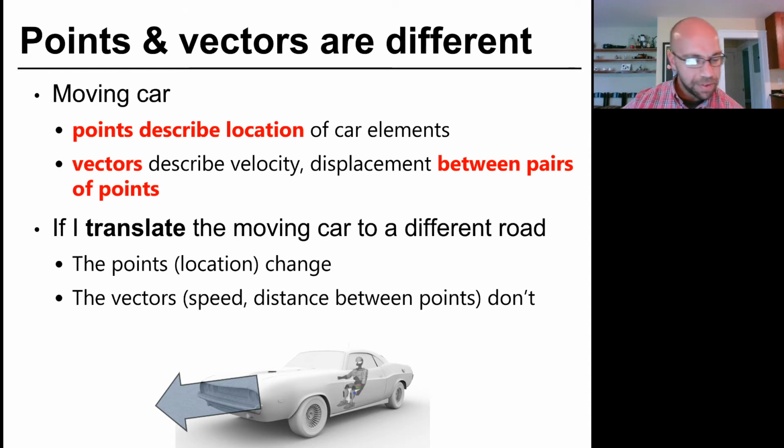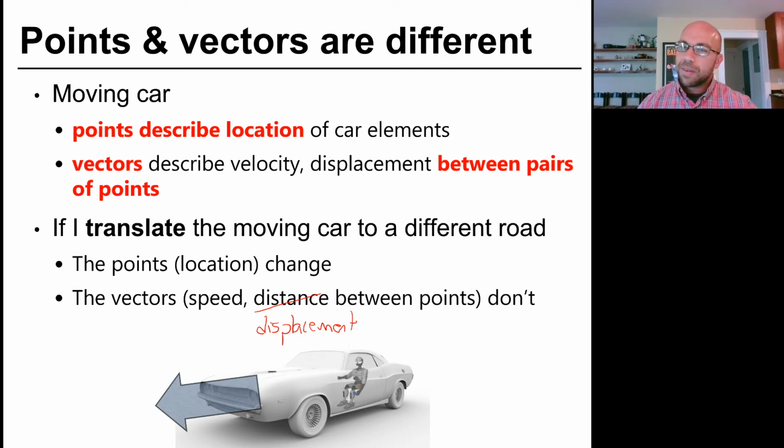So, for example, if I translate the car, like the car is driving along the road, the point locations change, but other things like the distance between the wheels, or the displacement is probably a better word, really doesn't. So again, there are many different ways that you could make this distinction. Another one might be that vectors tend to describe relative things and points tend to describe absolute things.